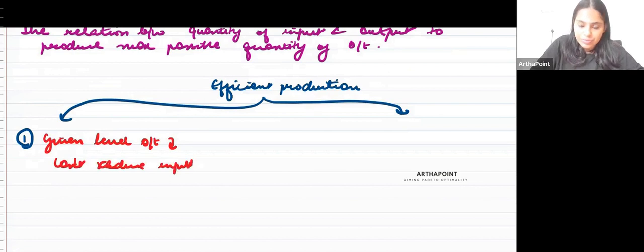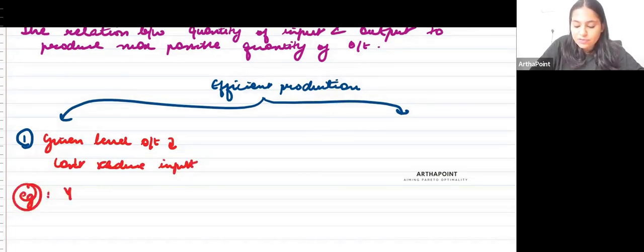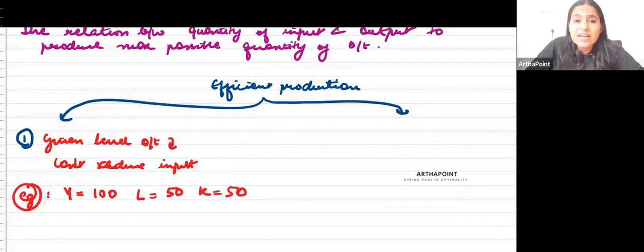So for example, if I am producing output of 100 using labor 50 and capital 50, then I cannot produce 100 using any less labor or capital. This is the minimum labor and capital required to produce 100, then it is efficient production.